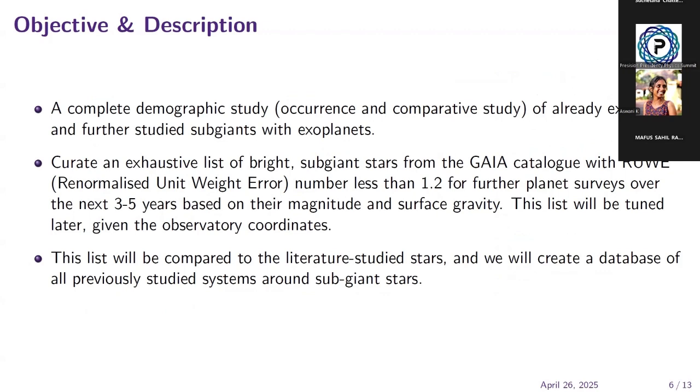We try to do it uniformly and homogeneously. Also, the RV data from HARPS, CORALIE-like spectrographs are scattered. So we also try to propose an RV survey, which will be done over the next 3 to 5 years, and then compare all these data.